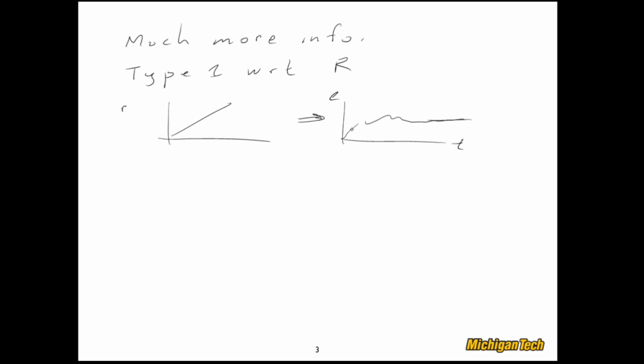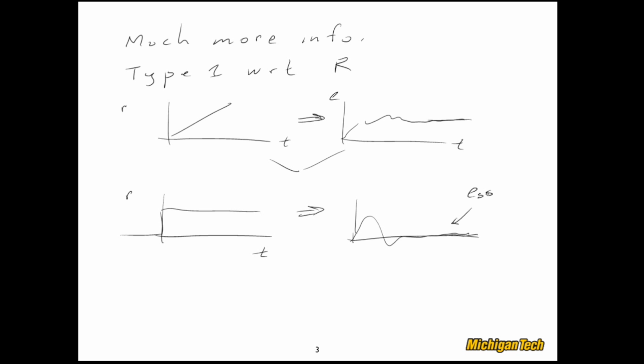So if this is error, time, and there's R. What it also tells us, though, is that if we go down in polynomial order, so if I do a step, which is a 0th order polynomial, my steady state error is going to be 0. It might jump up, but eventually it'll be 0. So maybe I'll indicate here that the steady state error is not equal to 0 and constant.